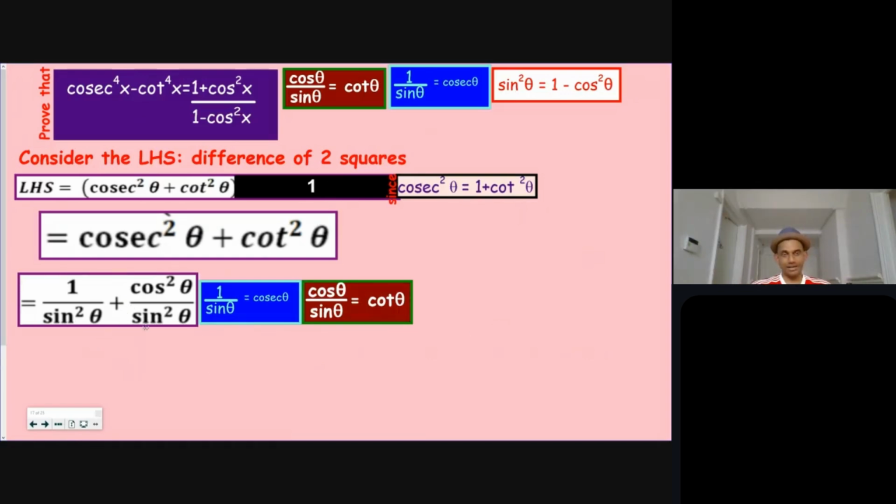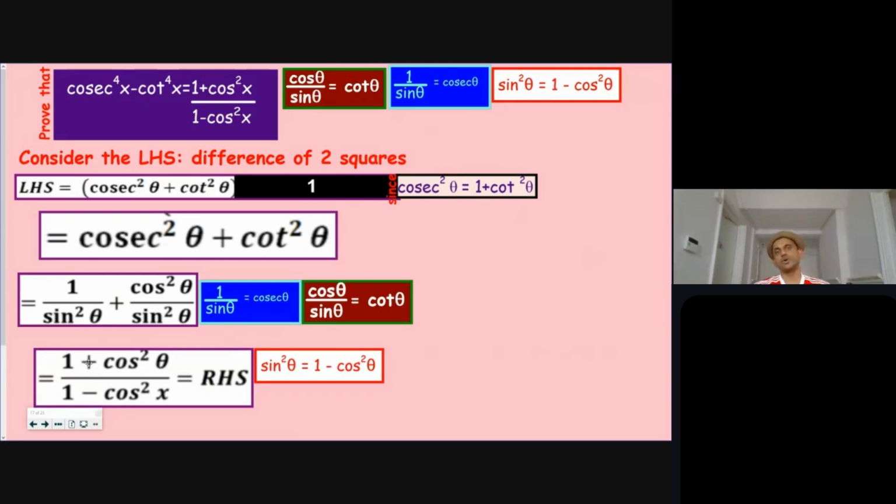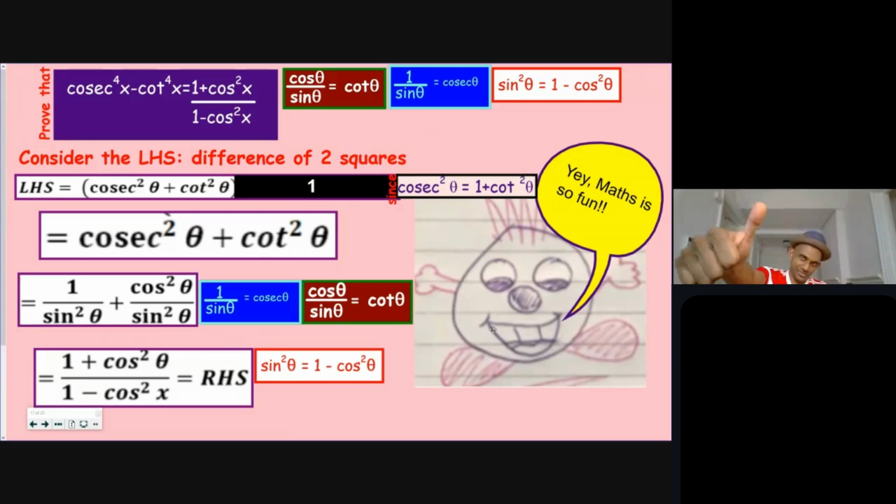I can write that as a common base, agreed? As a common denominator. So we have 1 plus cos squared over sine squared. But look in the top right-hand corner, what is sine squared equal to? Exactly. So we're there. So we've shown the left-hand side equals right-hand side. And that is why we love maths.